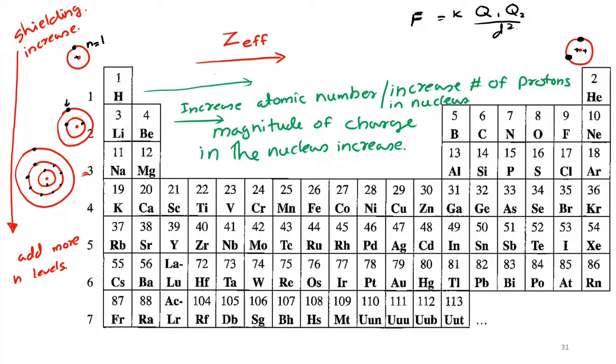So basically, in this Coulomb's law equation, your d doesn't change because you're adding electrons into the same level. So your d doesn't change, but your q increases. That means your force increases. What does that mean? Going from left to right in the periodic table, your Zeff increases. Why?